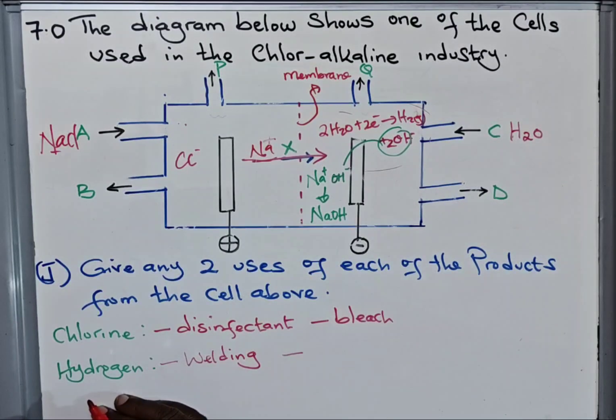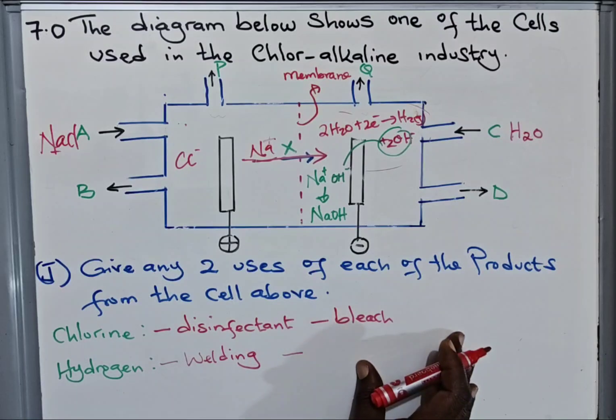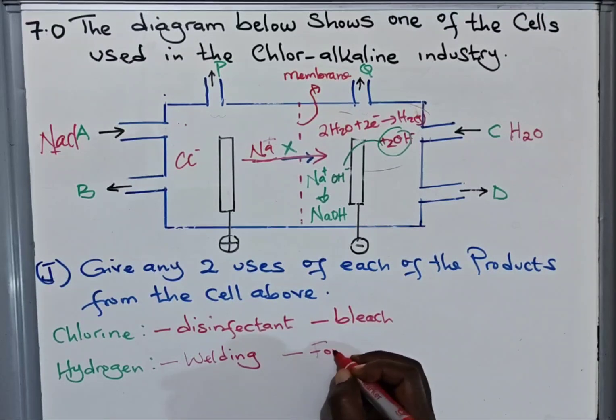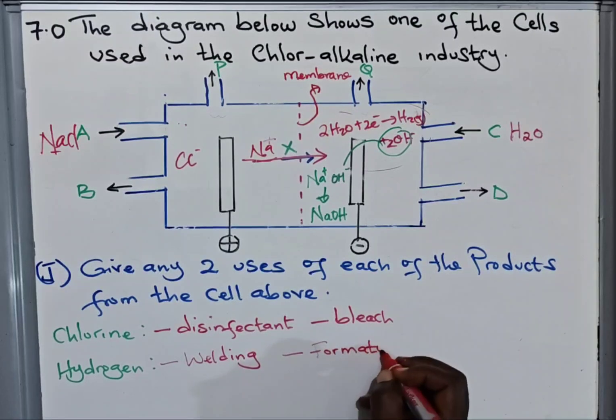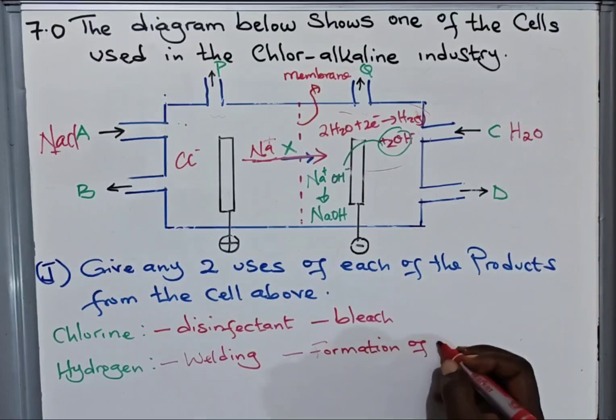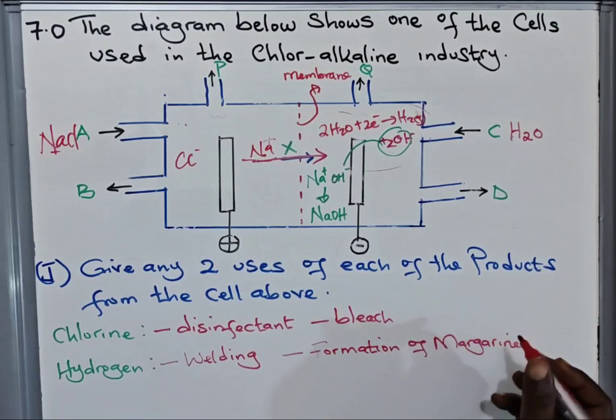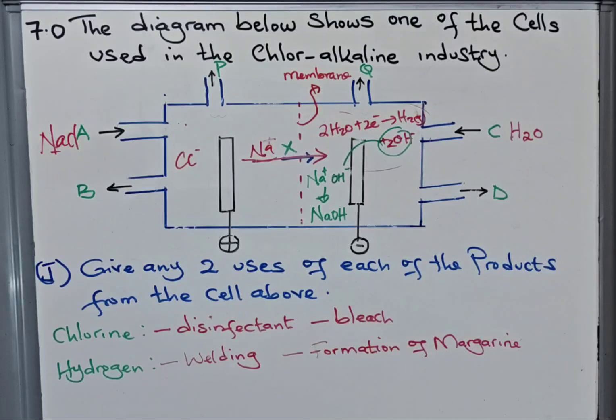Secondly, we can use it to saturate fats, which we normally observe in the formation of margarine. Yes, during formation of margarine, plant oil is bombarded with hydrogen, which improves its saturation, and that turns it into a solid.